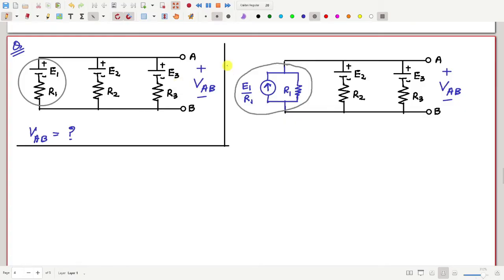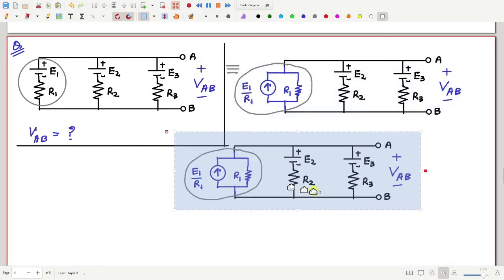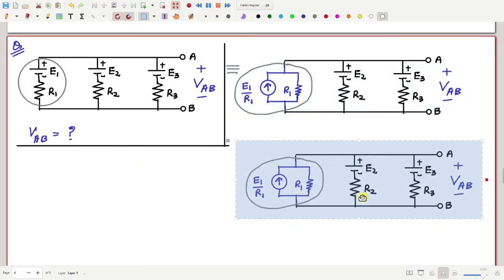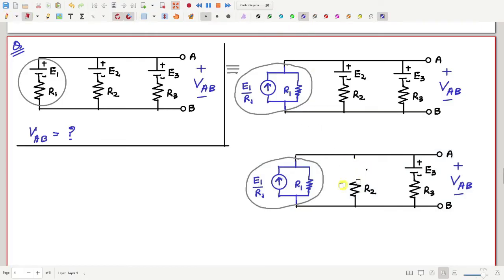So this is equivalent to this. And then, let me make another copy. And now what I will do, I will remove this second voltage source and the resistance and replace it with a current source and a parallel resistance.